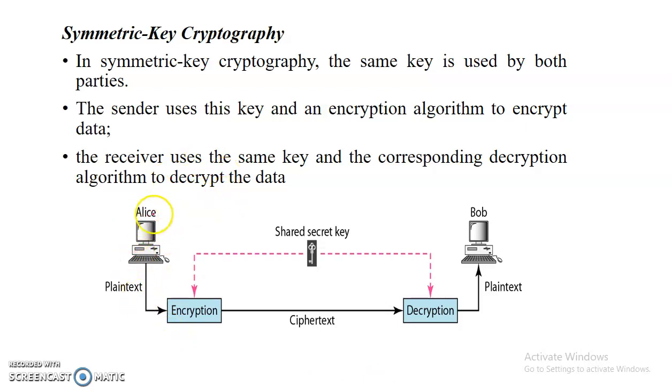In that case, sender and receiver both are using the same key. That's why it is symmetric. The key which is used for encryption is the same key used for decryption at the receiver end.